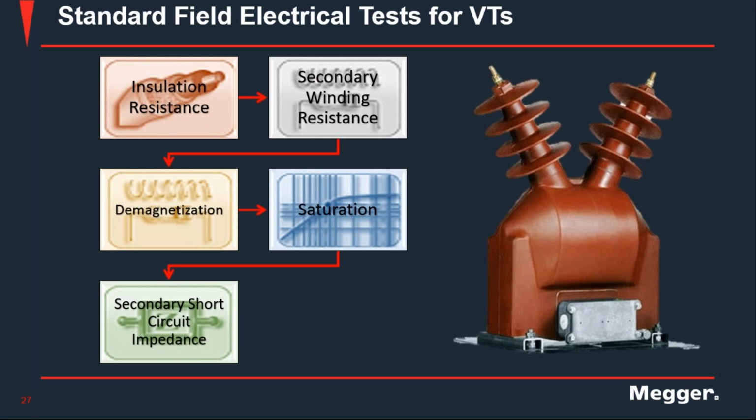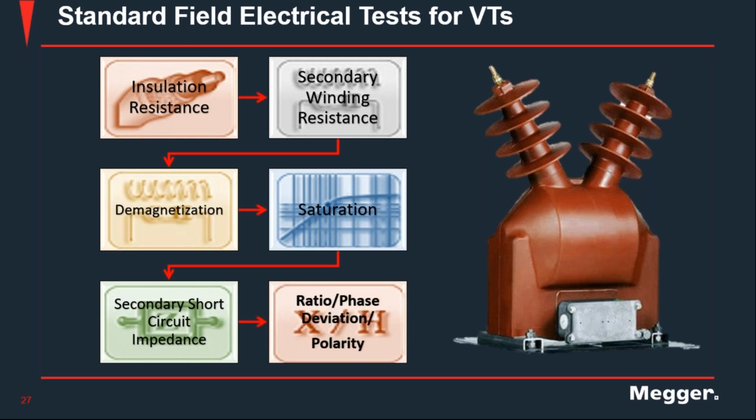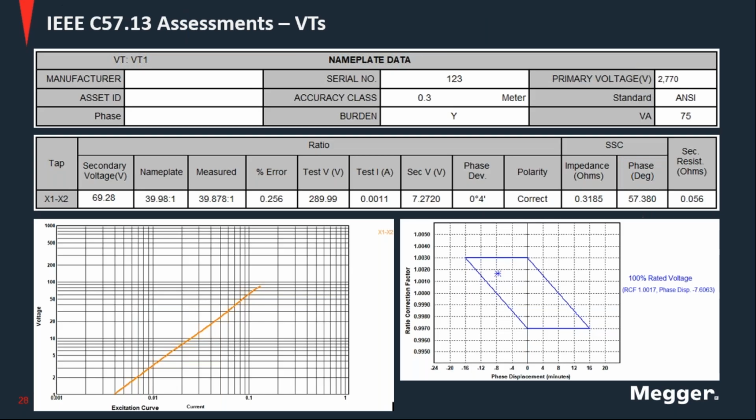And then you have the ratio and the phase deviation, as well as the polarity, same as before. With all of these results, you get your results in a table, and then you perform the assessment.